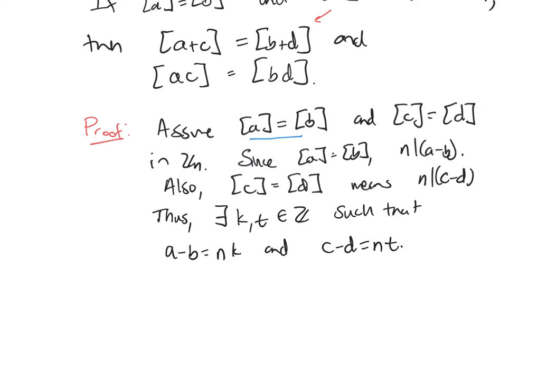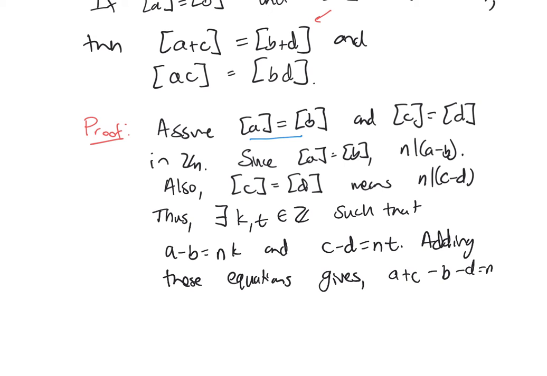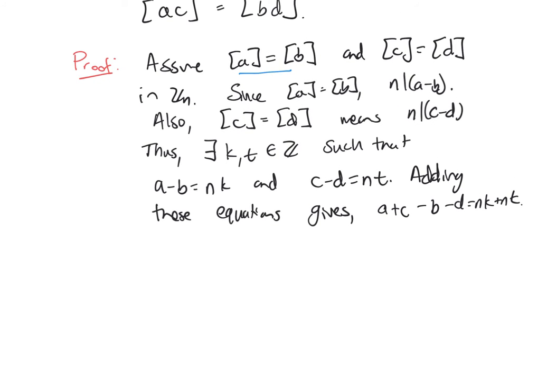And now what we're going to do is add these two equations together. Adding these equations gives, A plus C minus B minus D equals nK plus nT. And this is almost what we needed.